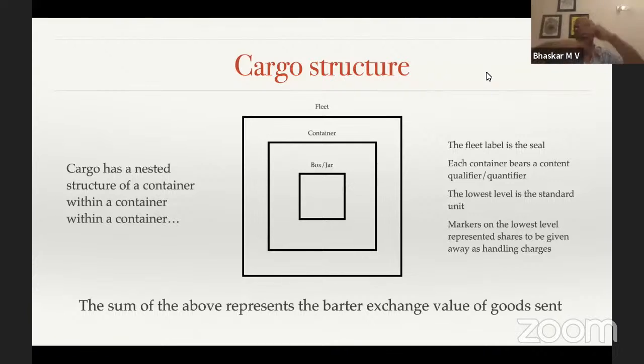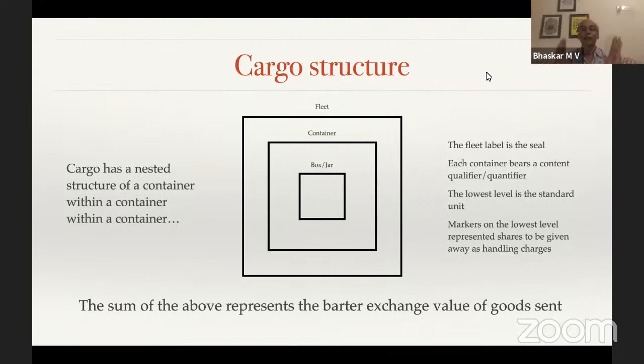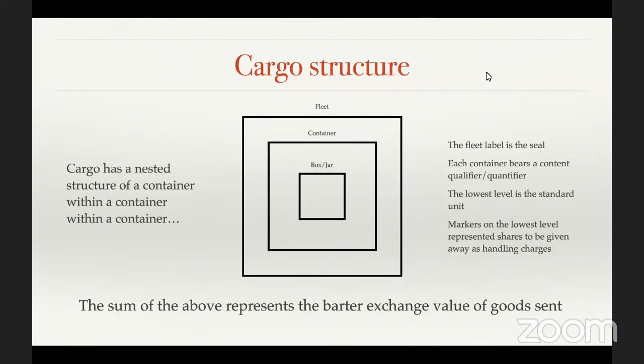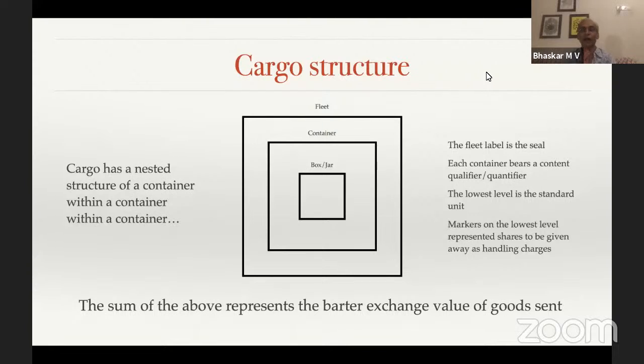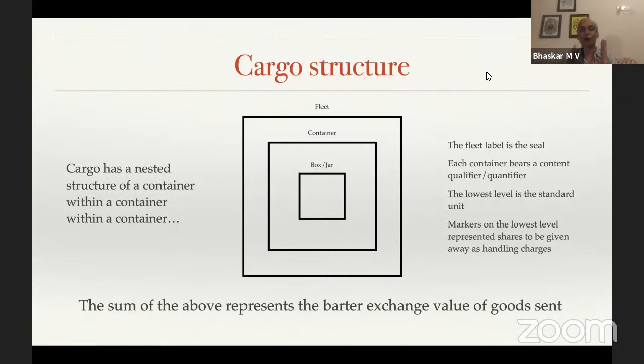If there is no workflow at all, then it's a different thing. If there is no expression at all, marking at all, then it's a different thing. But the moment there is a system that encapsulates cargo movement, such a system will have to account for a nesting in all cargo structures, which will have at least 3 levels of information and 3 levels of goods from top to bottom: fleet, container, or a box or a jar.